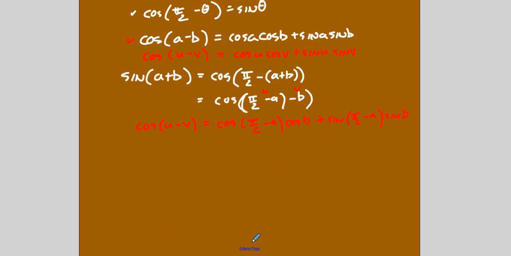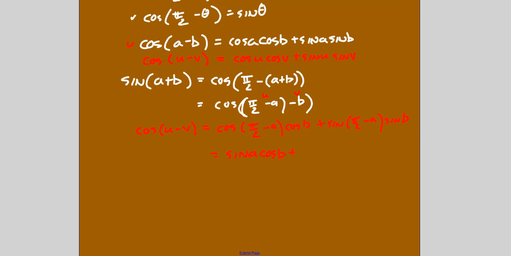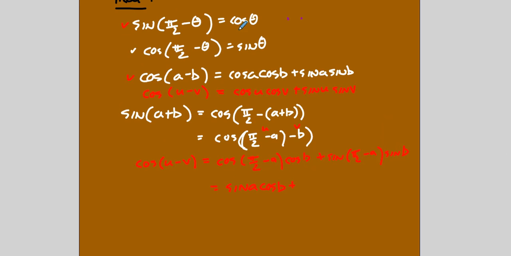From here we go again. Cosine of pi over 2 minus a has to equal sine of a. Then we have cosine b plus the sine of pi over 2 minus a, using this property, is equal to cosine a sine b.